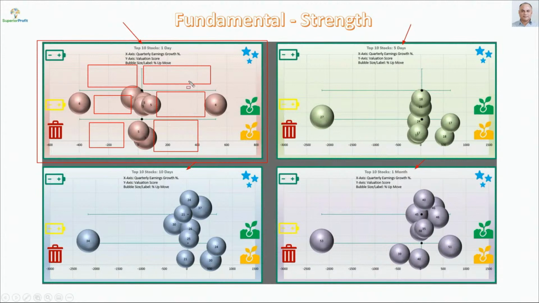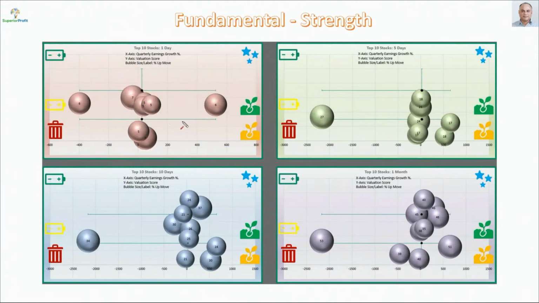We have 6 quadrants and 2 dimensions. The x-axis is earnings growth. The y-axis is valuation score. These cross points are deciding the 6 quadrants. What are the 6 categories of stocks I am looking to buy or not buy?